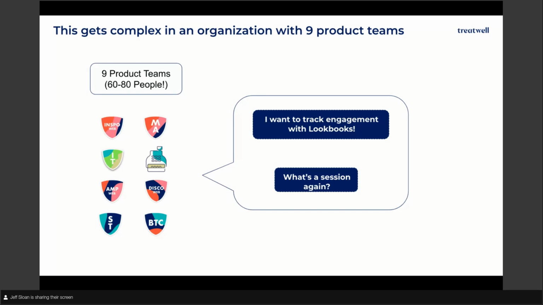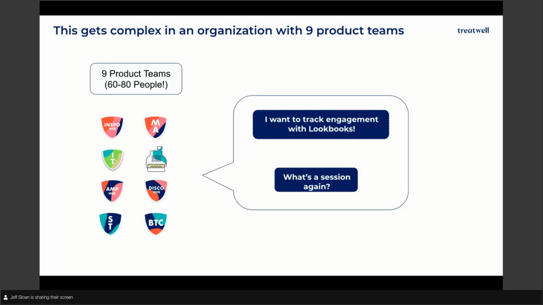What I mean by that is something to the tune of a product team saying, I want to track engagement with lookbooks. Lookbooks is a new product feature that we've enabled at Treatwell. It's really cool. It enables stylists to post photos of what the treatments look like. That's really nice. But we also didn't really have that information even when we were approached to understand lookbooks.